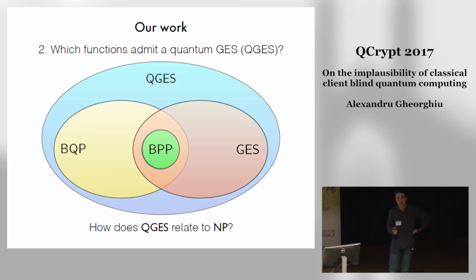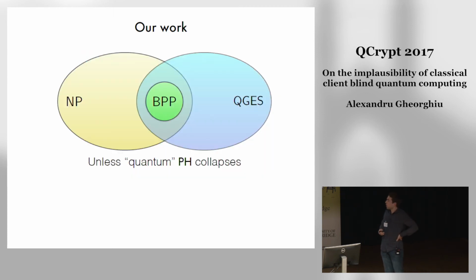And the last thing we wanted to see is how this relates to NP. So the question is, if we now allow this extra ability of sending a quantum state in the beginning, is it now possible to delegate NP problems to the server? And we actually found that the answer is no. So NP and this new class should remain separate from each other unless a quantum version of the polynomial hierarchy collapses.